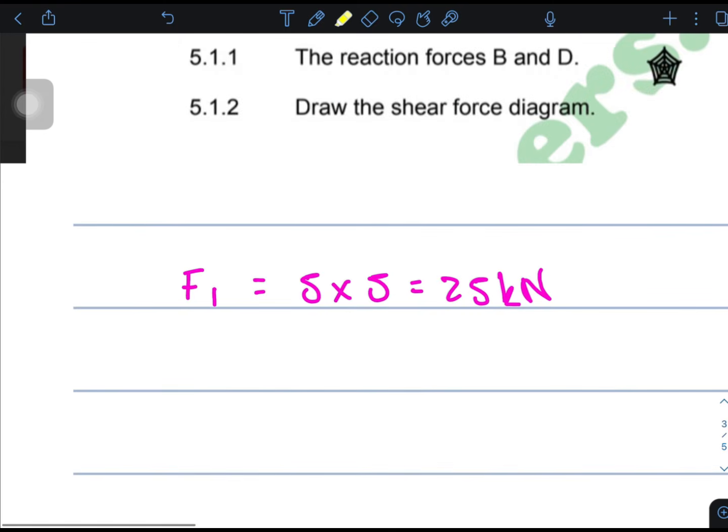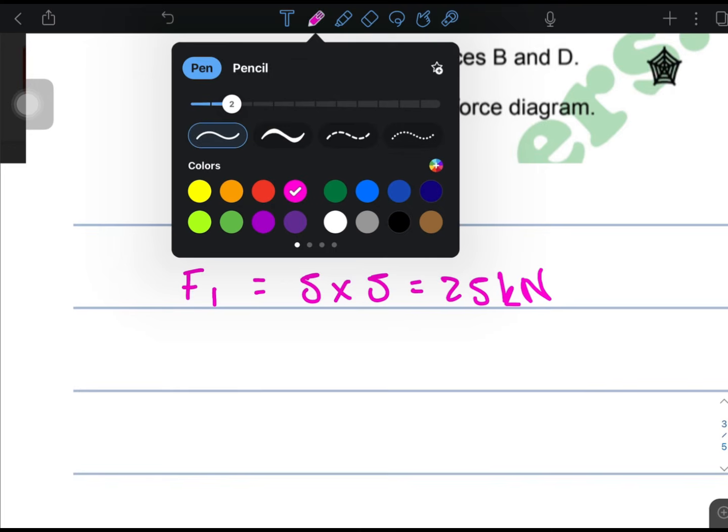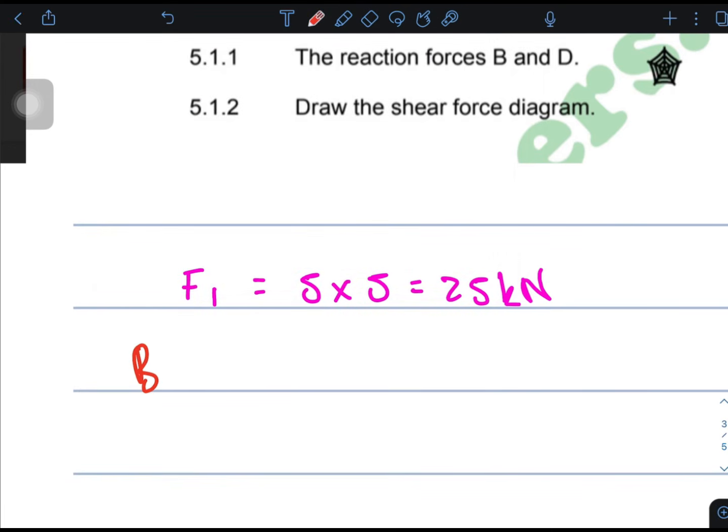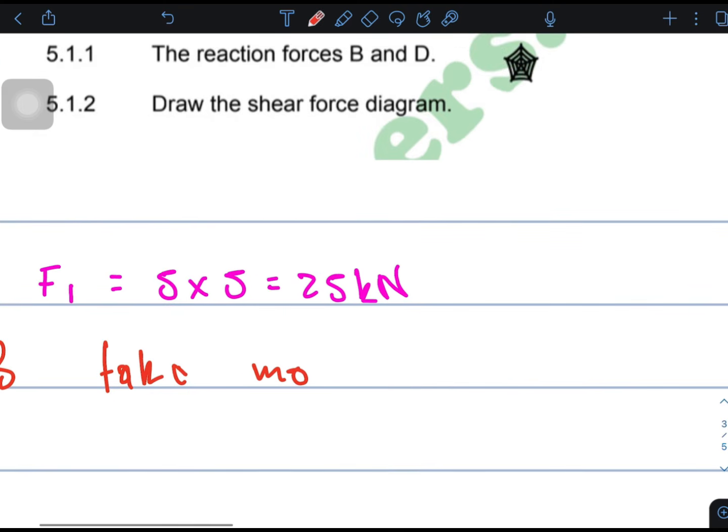So let's say I want to find reaction B. That means I have to take moments about D.